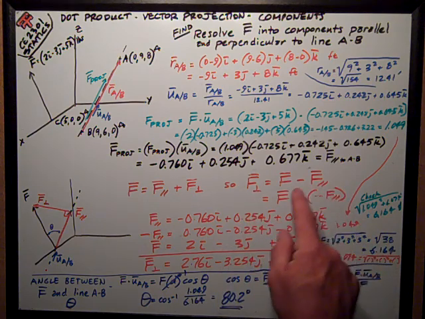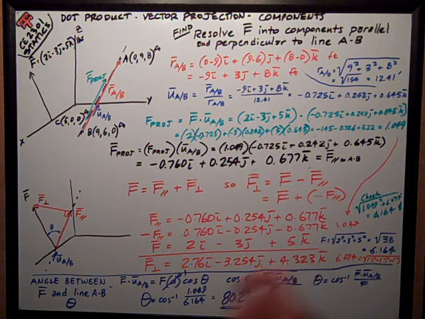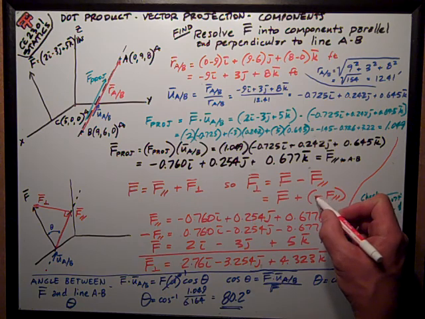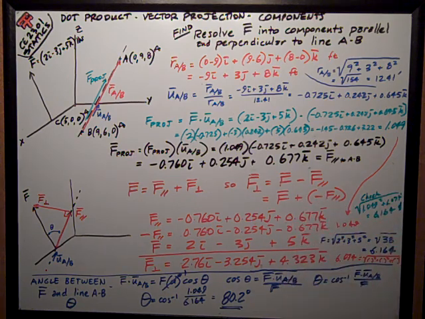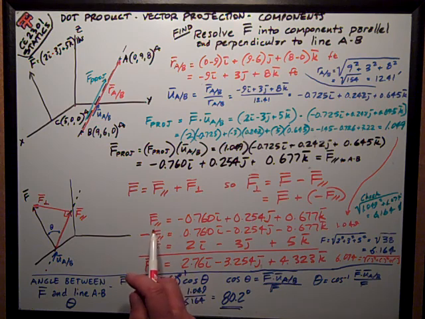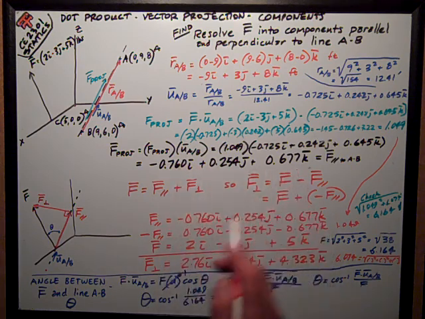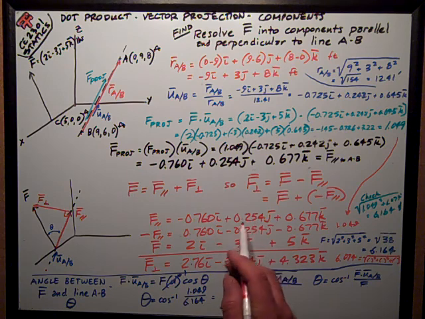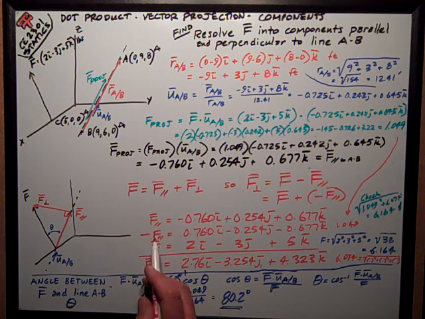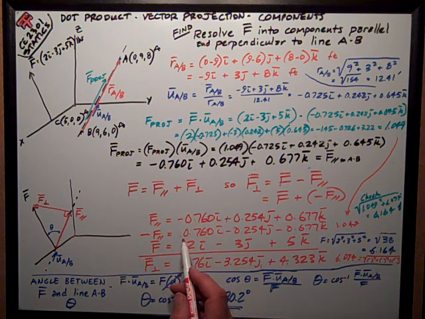Well, subtracting a vector from another really means adding the negative vector. So it's equal to F plus the negative of F parallel vector. So I can write F parallel that I just calculated up here, negative 0.760i, 0.254j, 0.677k. Then to get the negative of that, it's the reverse direction. I can just reverse all my signs.